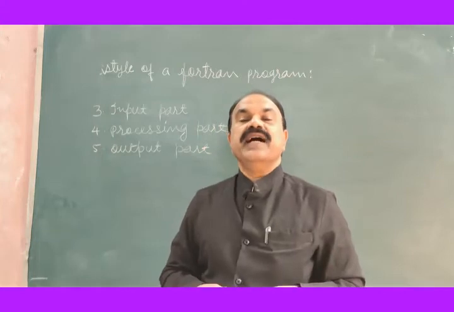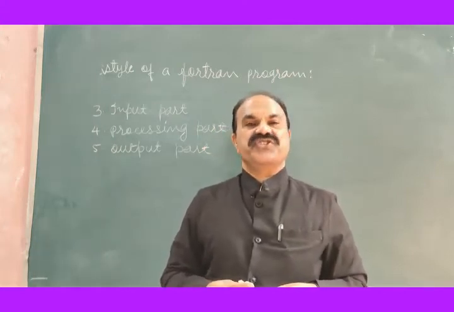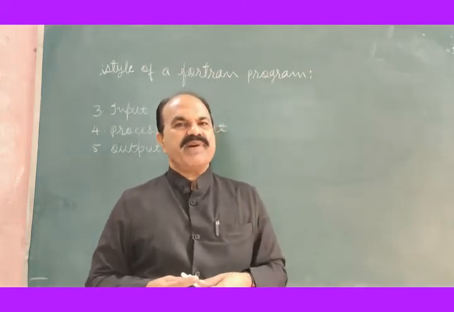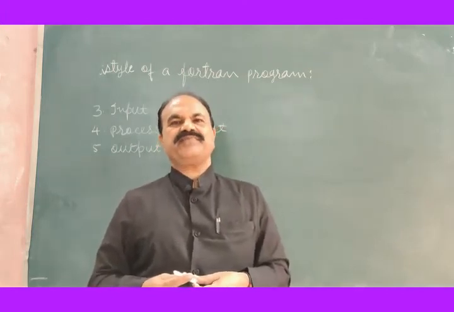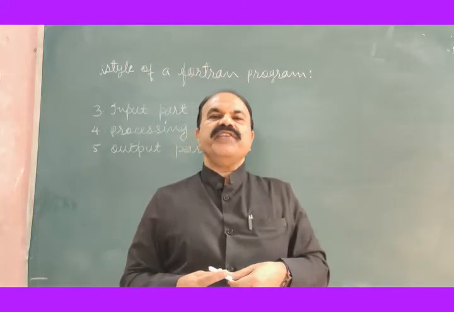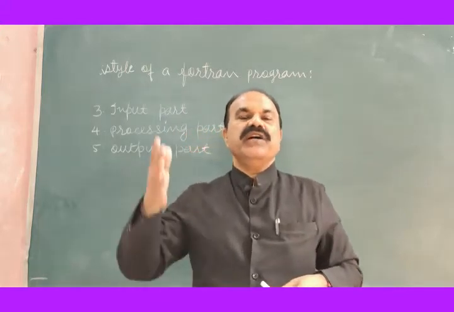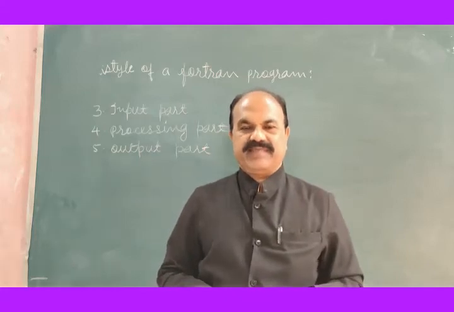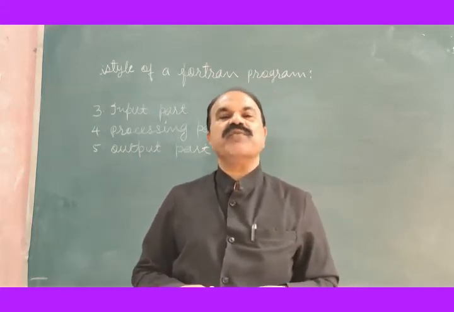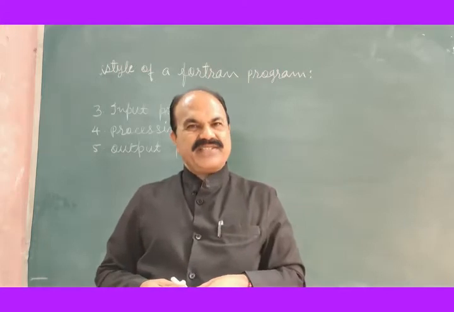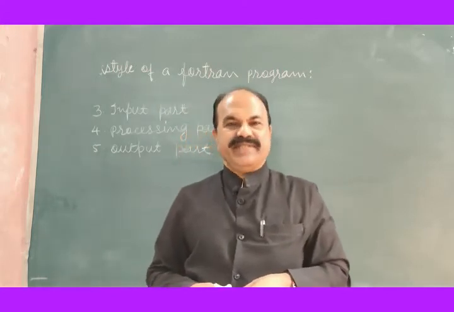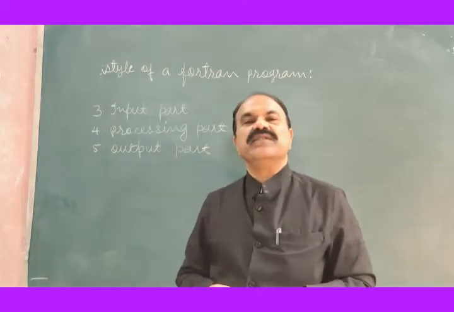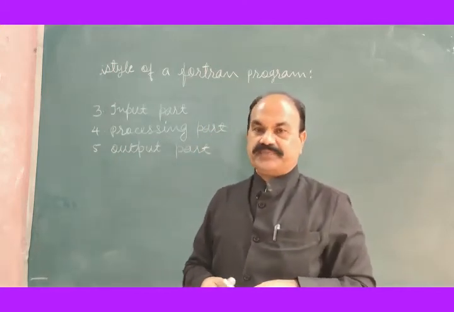Finally, output part or output section. Whatever result is generated by the processing part or processing section, it is to be given to the output in some required or desired format, and this function will be performed by output statements along with the format statement that will comprise the output part or output section.